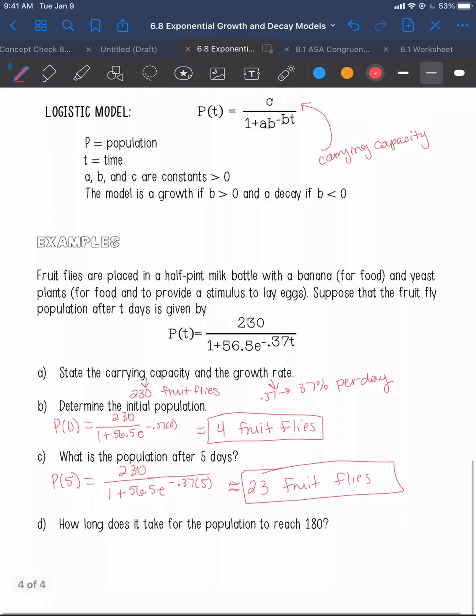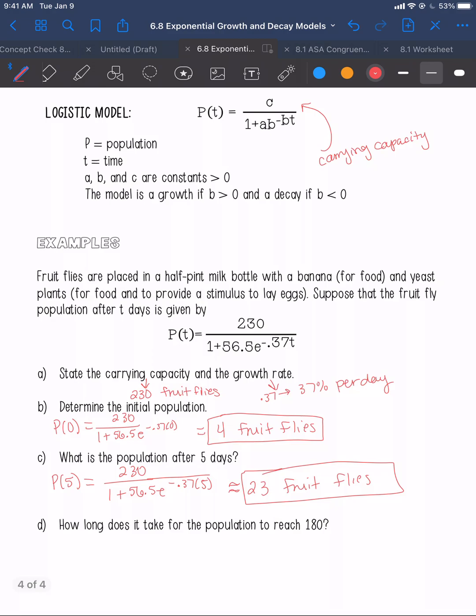And then part D, how long does it take for the population to reach 180? So we're going to take 180 and set it equal to our model. I'm going to multiply both sides by that denominator there, so I have 180 times all of that.